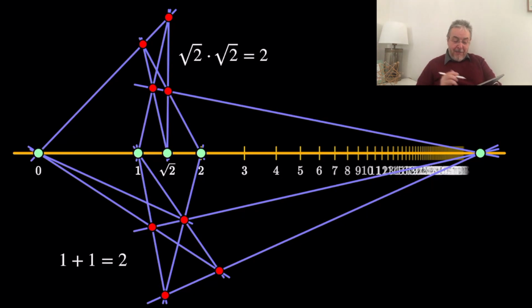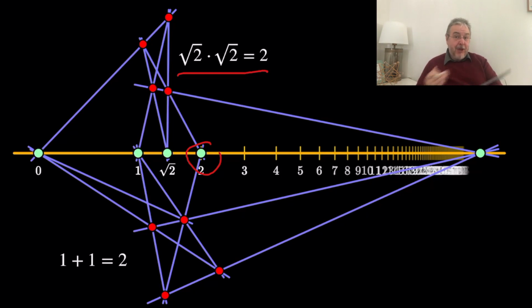But look what I've done in that picture. I've constructed an addition here that forces the intersection of this line and the yellow line to be at position 2. And here I constructed a multiplication device that forces the square of that point to be at 2 as well. So the position of that point must be a number that multiplied by itself gives 2. So the only two positions for that point can be square root of 2 and minus square root of 2.